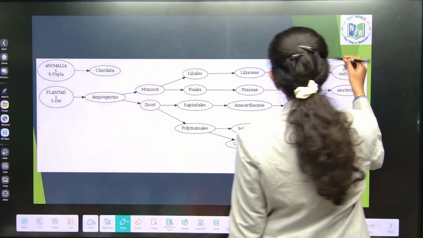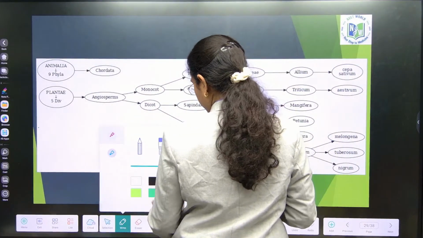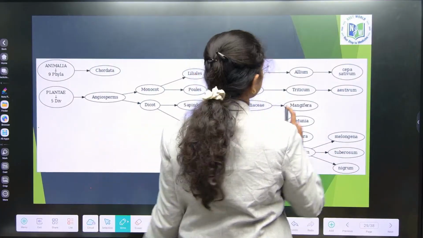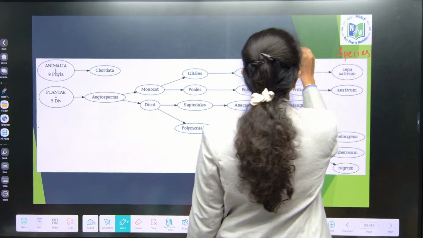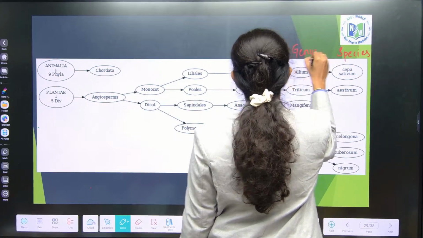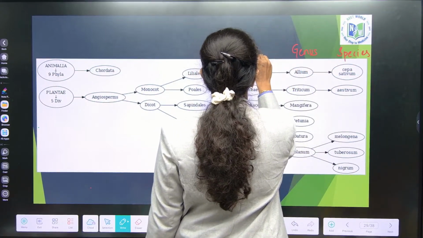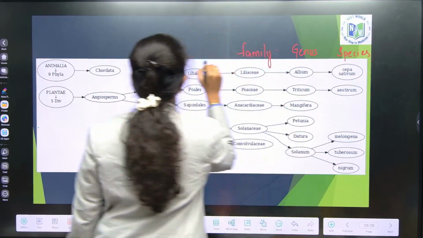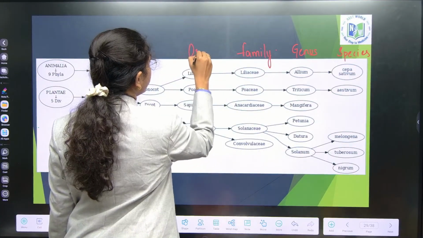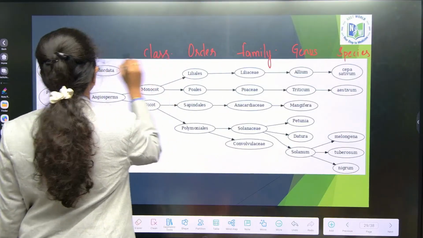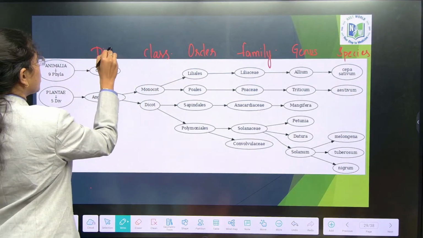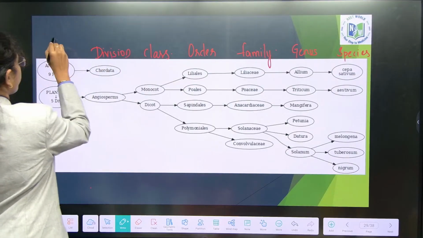This is what, ma, species level. Species, genus, family, order, class, division, kingdom.